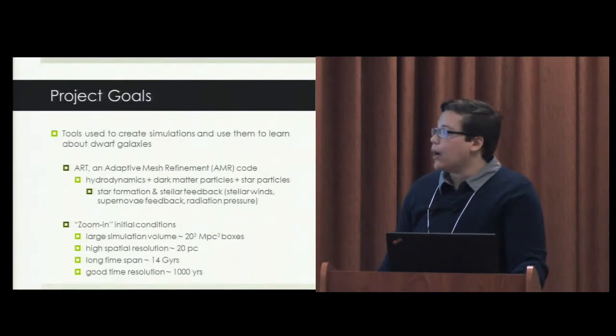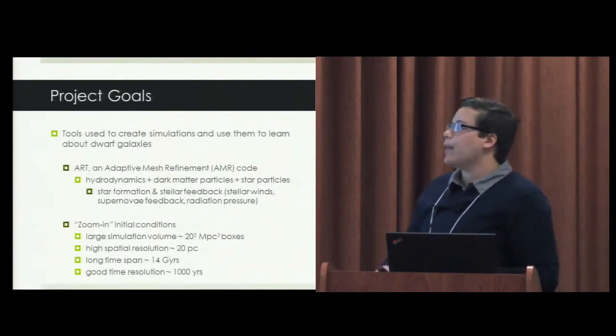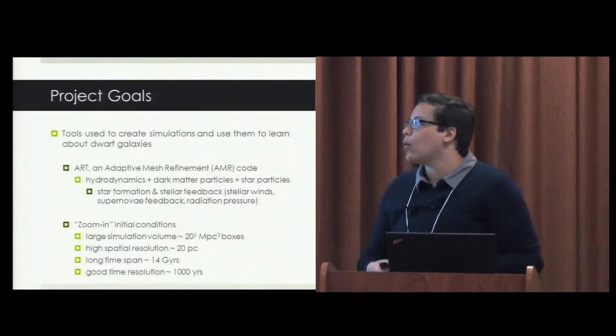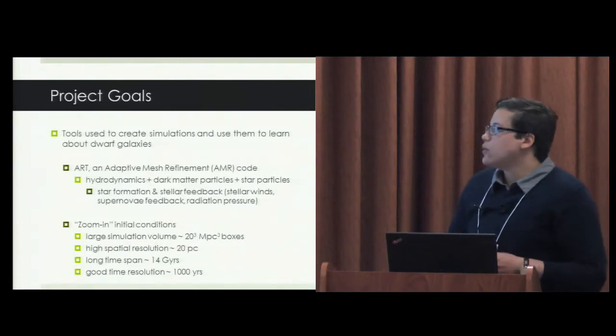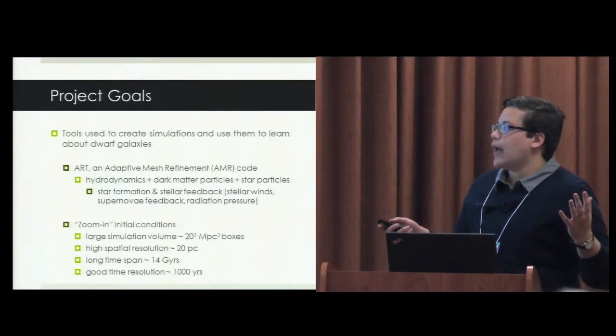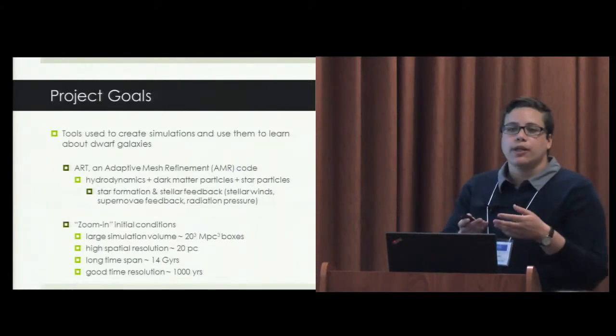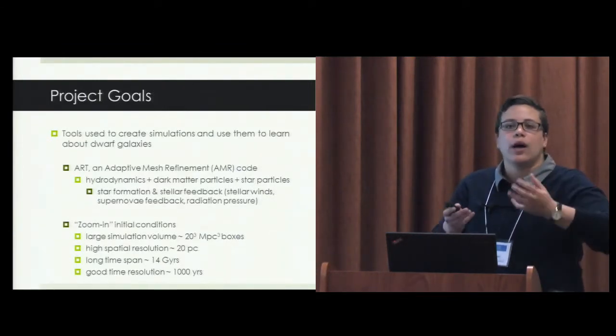And in order to do that, we use zoom-in initial conditions. In order to get around the issue of having a wide range of spatial scales that we need to examine, we simulate a large simulation volume, and then we zoom into an object of interest. That's the object that we're going to track.